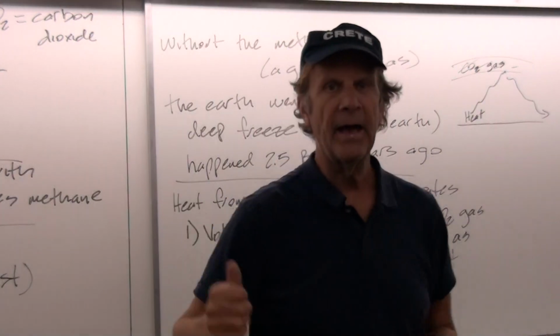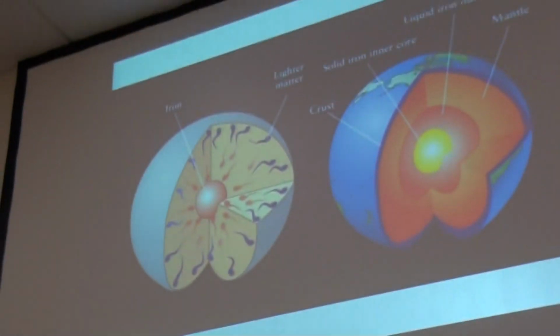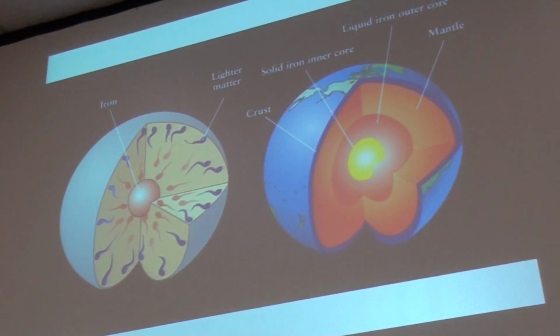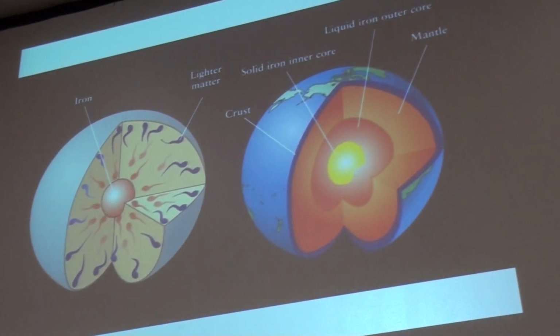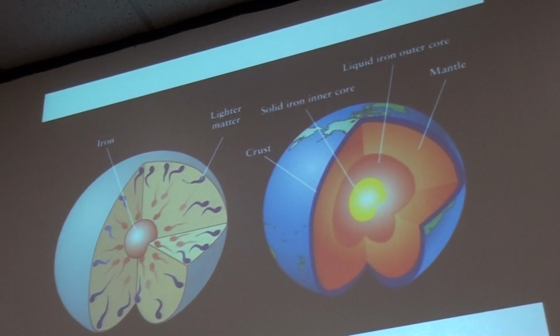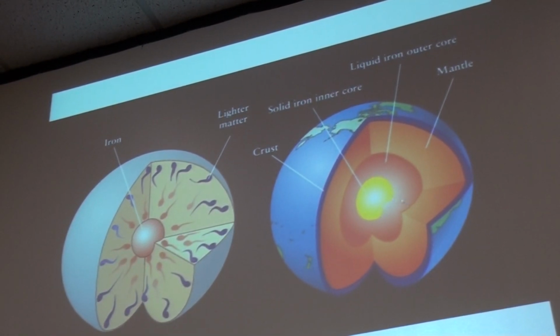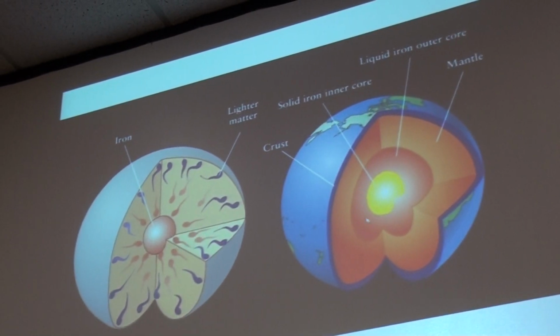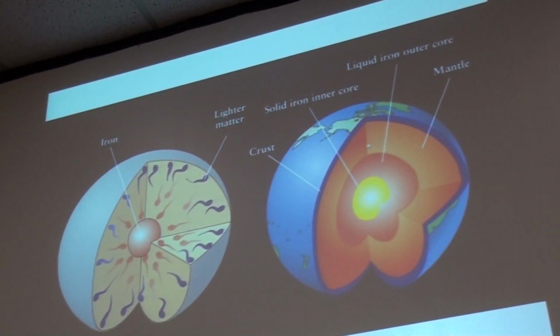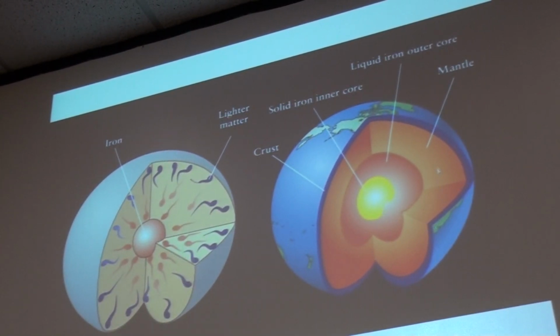If we look up at the data projector, we can see a cross-sectional view of the inside of the Earth. We see here that the Earth has a solid inner core, a liquid outer core, followed by a rocky mantle, and then a crust.